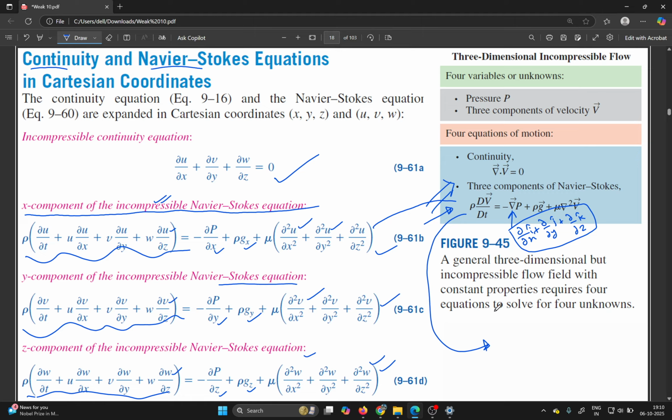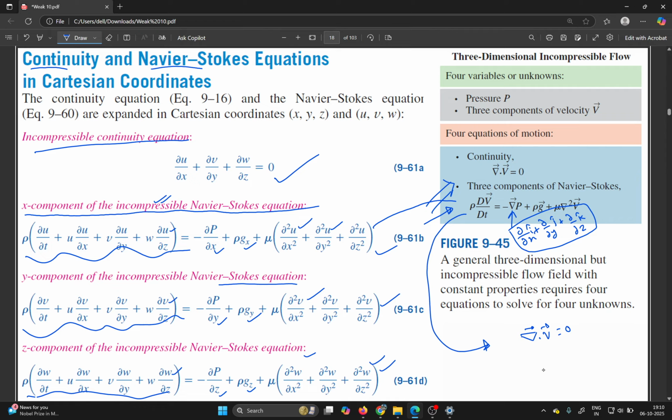So generally you remember please, your continuity equation, for incompressible flow we are talking about the incompressible continuity equation, that is del dot v equal to 0.